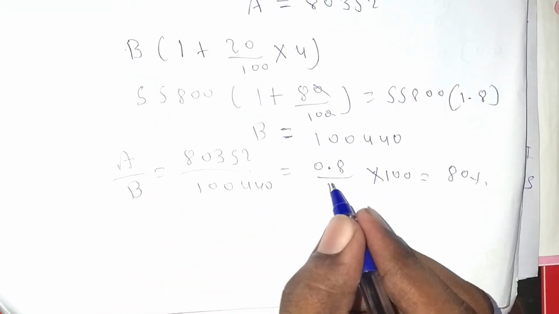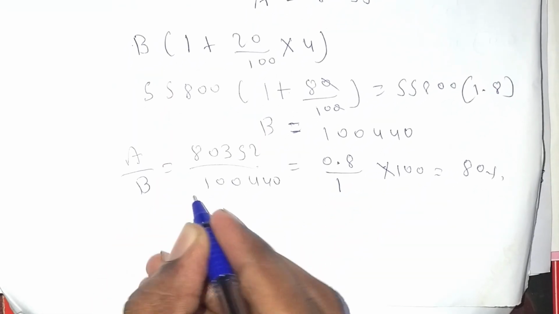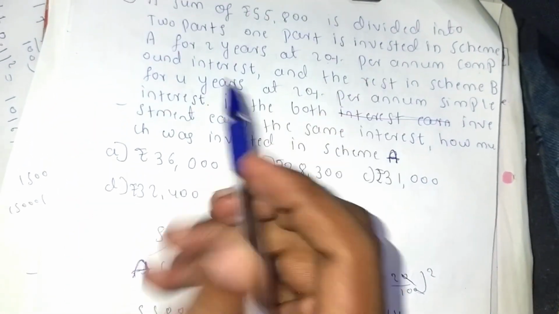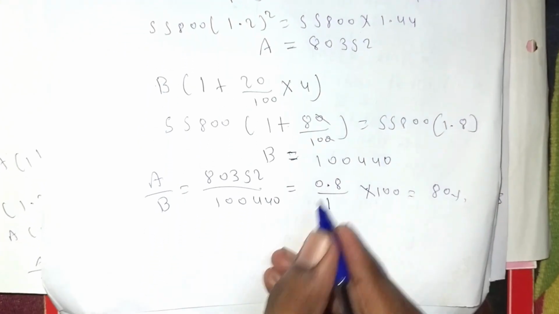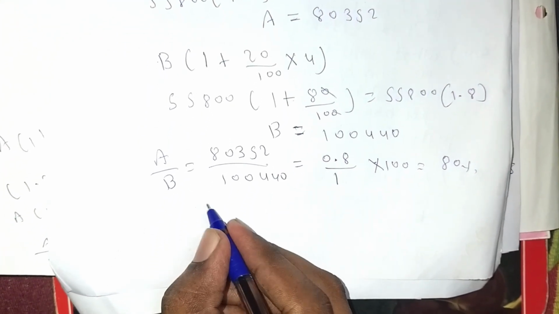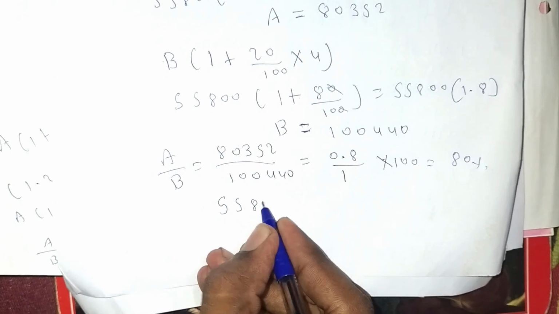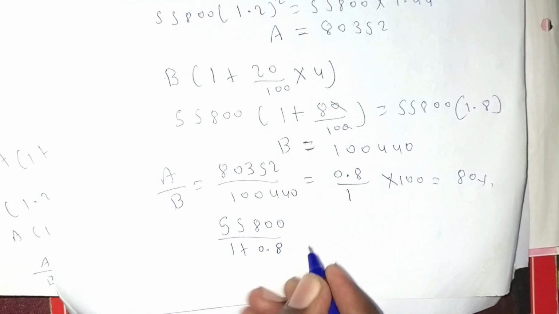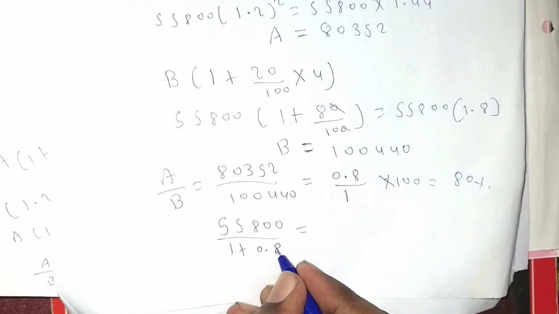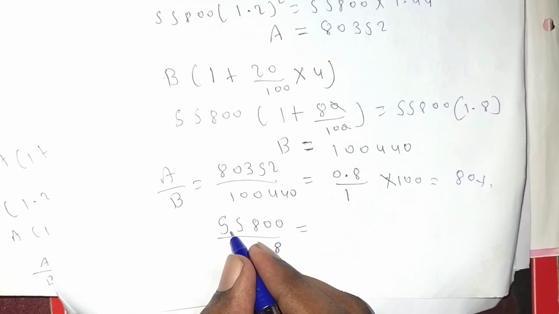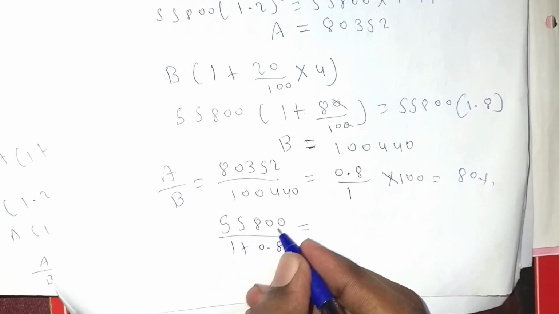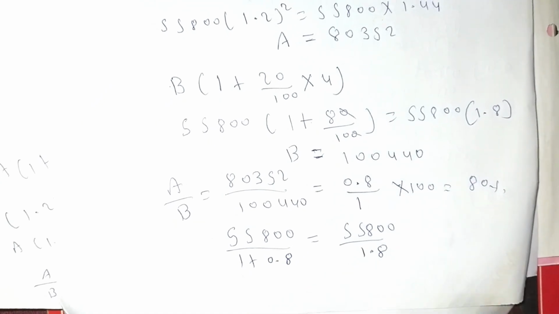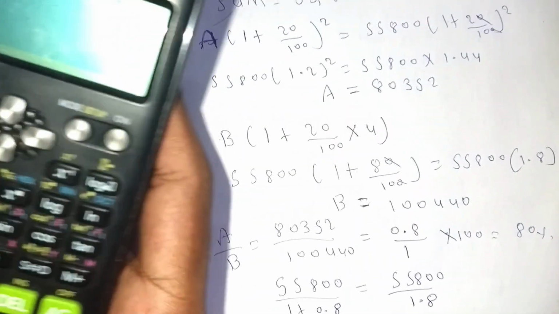Suppose this is 80 percent. So we have in total 1 and 0.8. It means the 55,800 is divided into two parts, one part is 1 and another part is 0.8, totally 1.8, which adds up to 55,800.